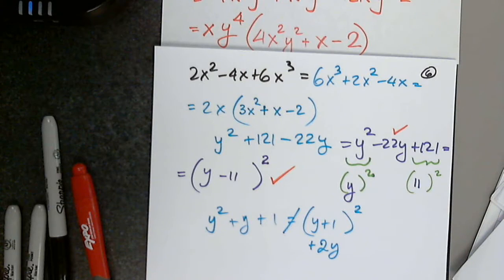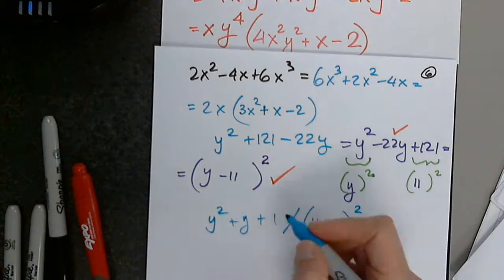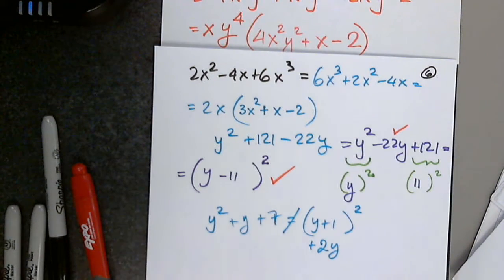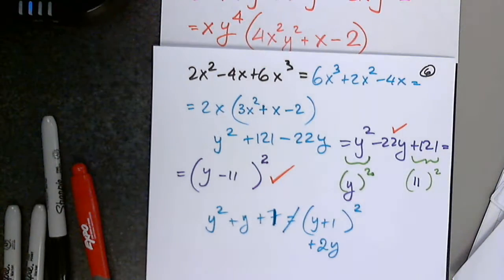So it's not sufficient to only look at the first and the last terms to come up with a factored form. If this, for example, is 7, you're not going to think of a perfect square because 7 is not a perfect square. But if the first term and the last term are perfect squares, you will say, maybe y plus 1 squared will do it. But then you still have to take a moment and verify the middle term.